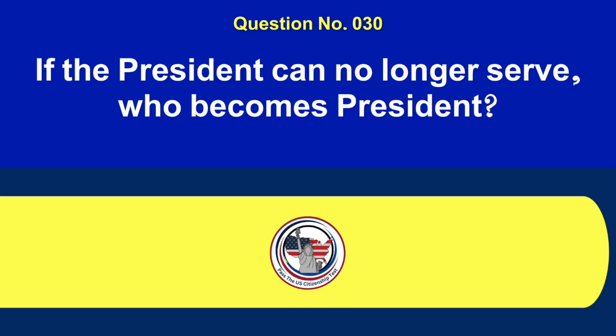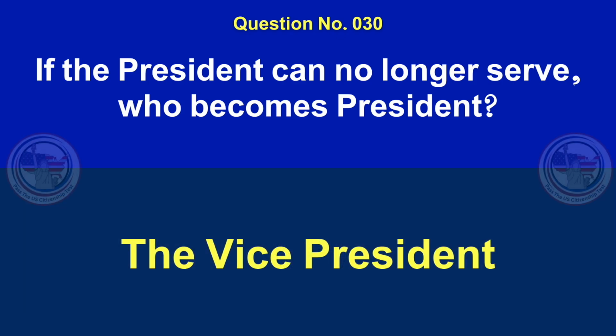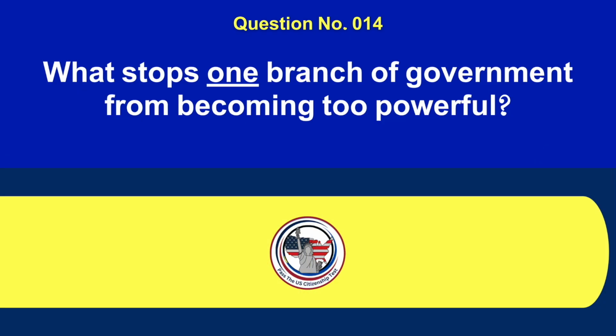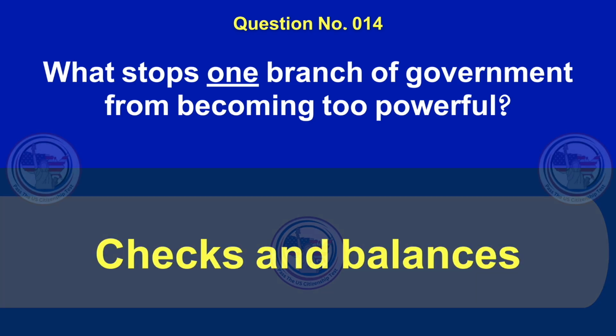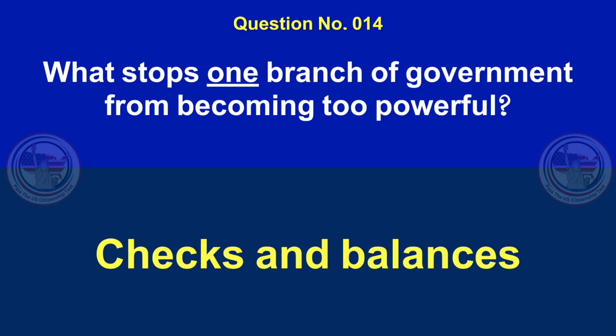If the president can no longer serve, who becomes president? The vice president. What stops one branch of government from becoming too powerful? Checks and balances.